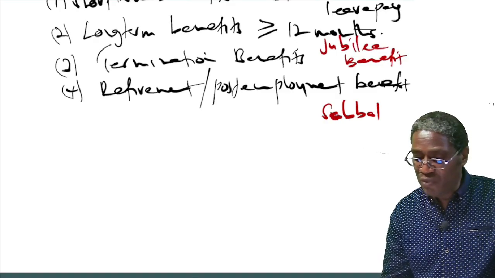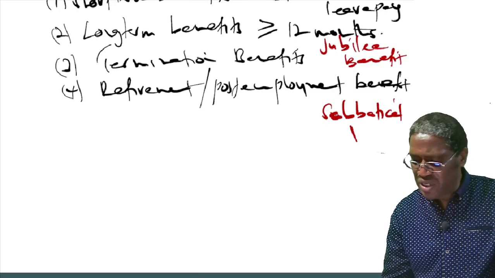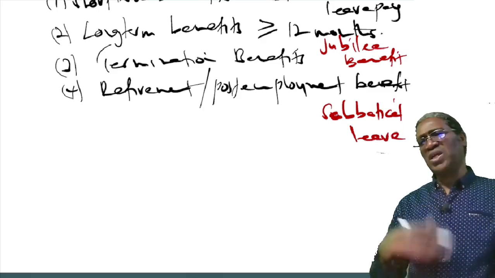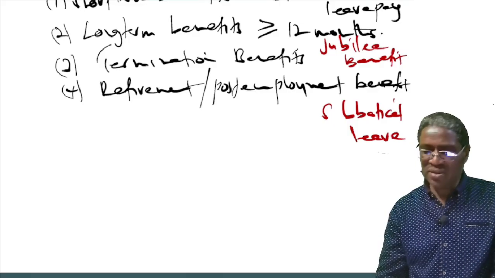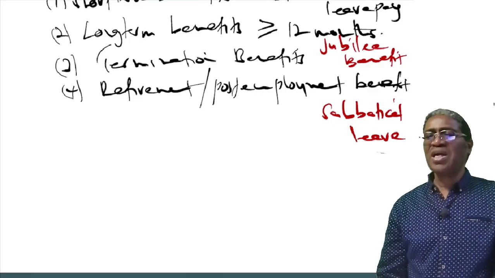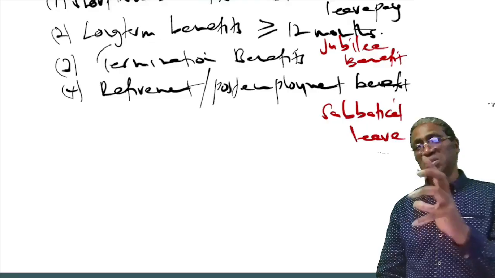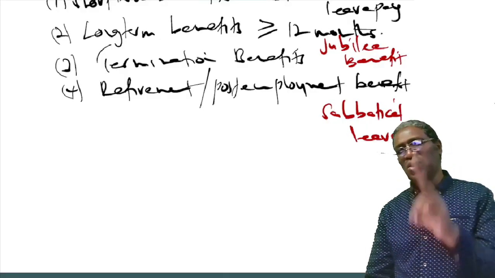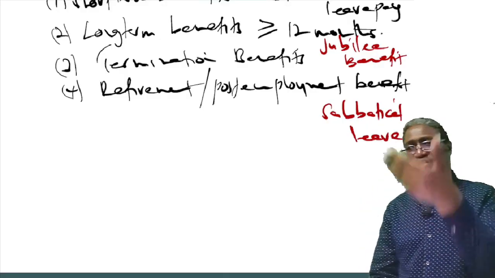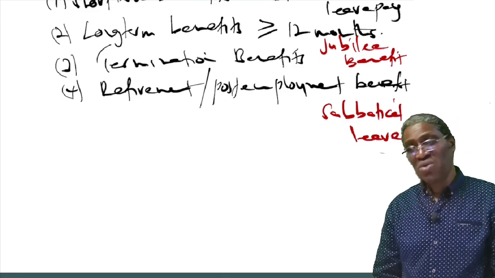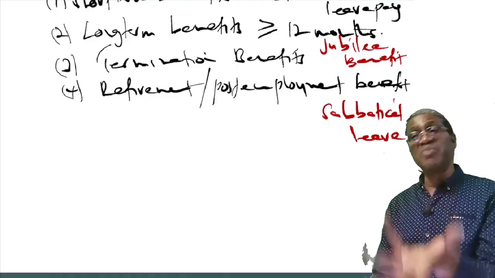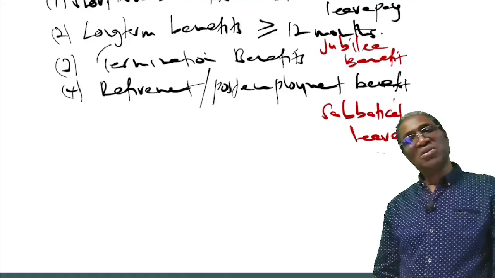That means a leave of more than a year, and you are still being paid. When you go for a leave of more than a year and your company still pays you, then that benefit is still classified as a long-term benefit. So we are giving two examples of long-term benefit, that is Jubilee benefit and sabbatical leave, where you go for leave of more than a year and you are still being paid by your company, whatever it is.